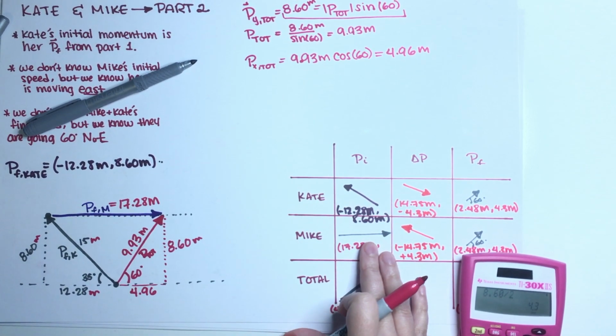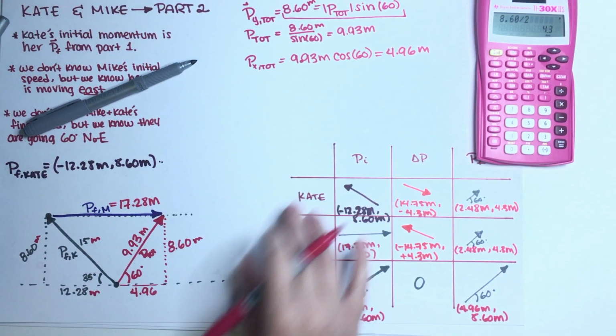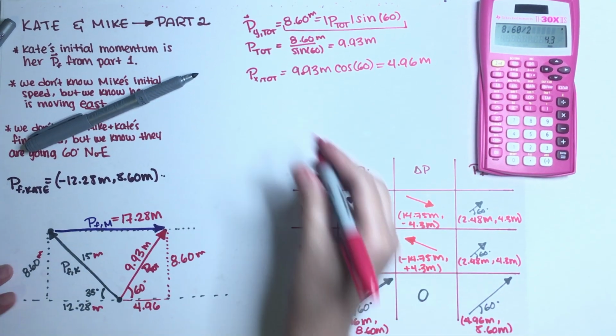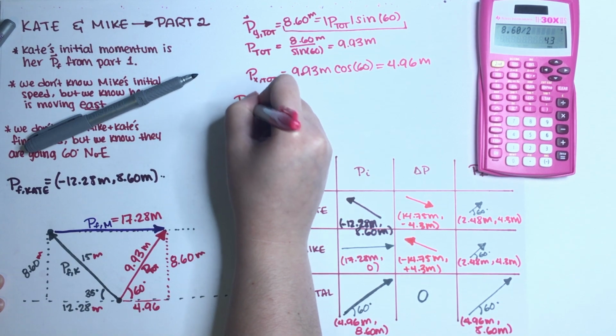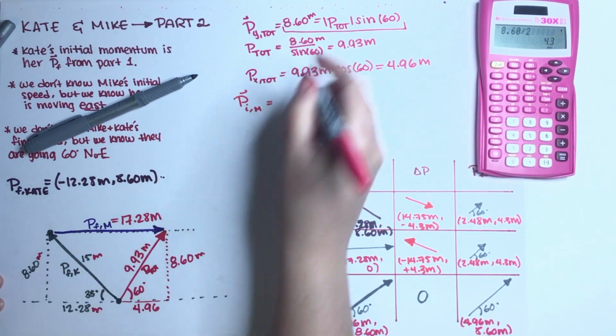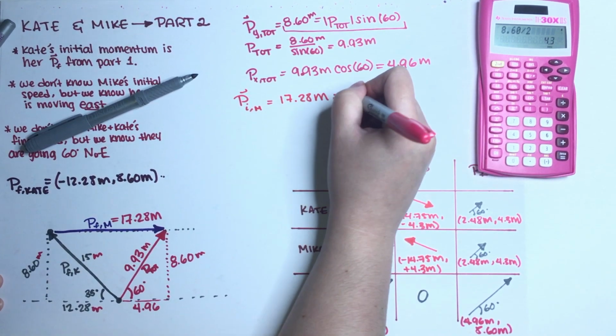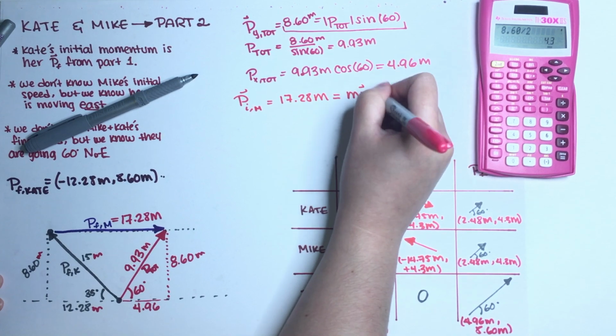Okay, so now just going back to the questions. The question was asking, what is Mike's initial speed? Mike's initial momentum is equal to 17.28 m, but momentum is also mass times velocity.